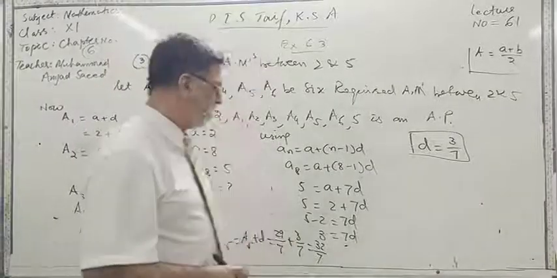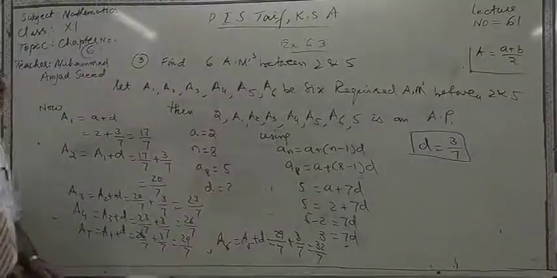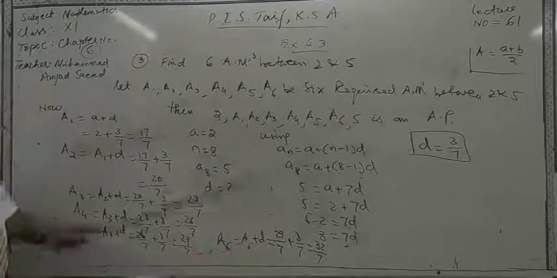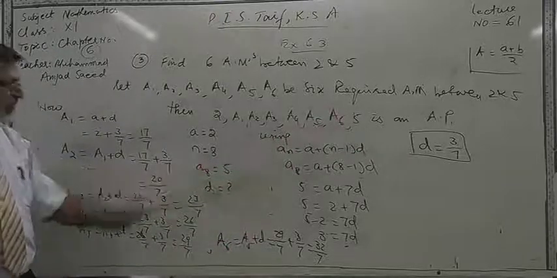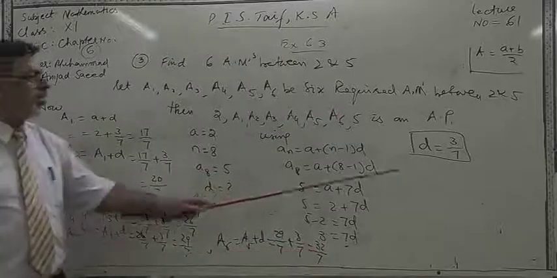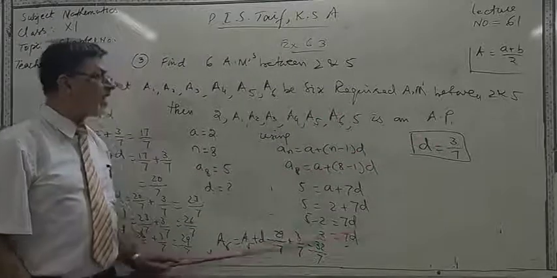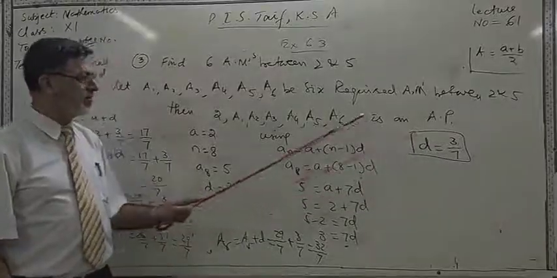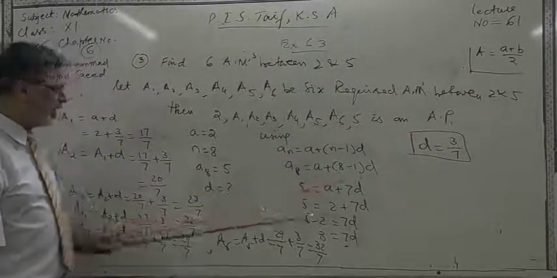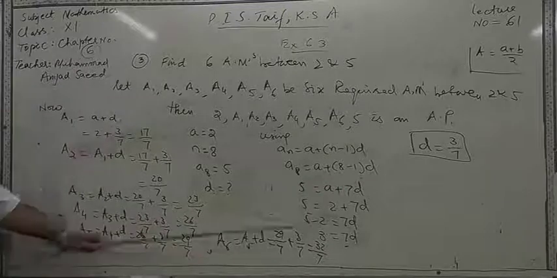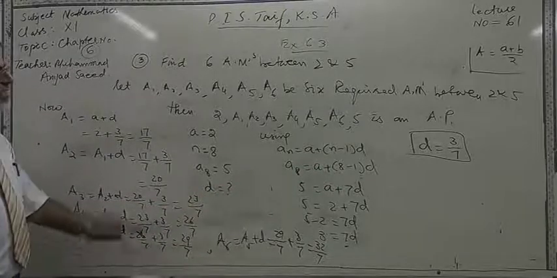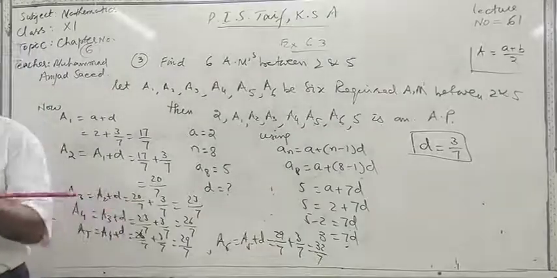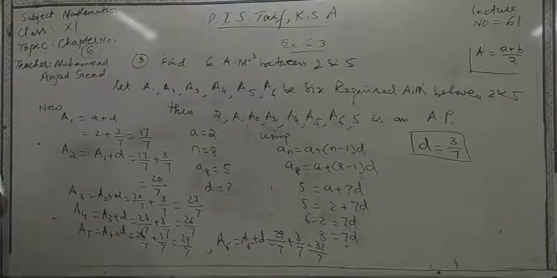So if you add the common difference D to A6, you will get 5. 32 over 7 plus 3 over 7 is 35 over 7, and 35 over 7 is 5. It means that all these numbers are correct because we are getting 5 by adding D to A6. Dear students, I hope that you understood this question.